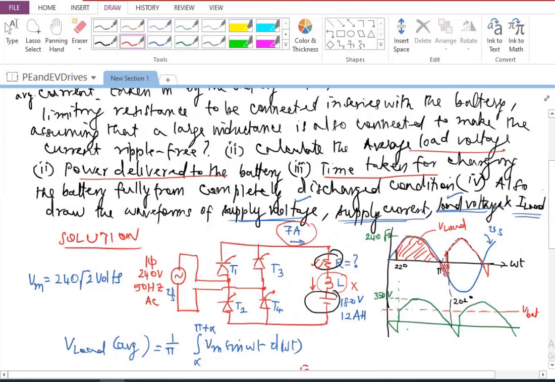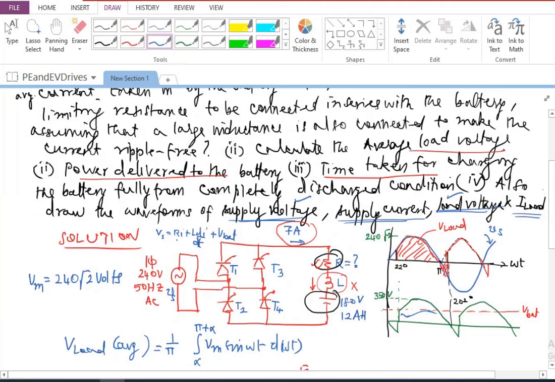So when I actually fire the device, maybe the current would slightly come down and then it will start increasing, and then it should come down from some point where Vm sin omega t, which is Vs equal to Ri plus L di by dt plus V battery. This is the way I will have the governing equation.